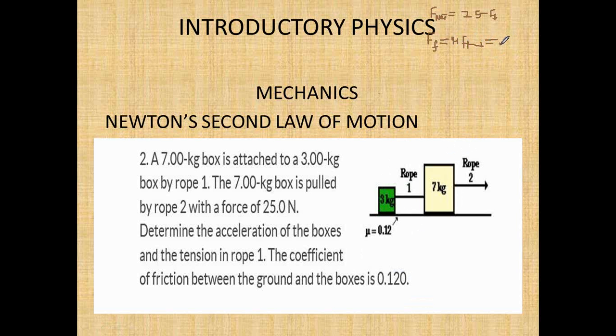So it will be 0.12, because the normal force is the same as the force due to gravity. Force due to gravity is the mass, which is 7 plus 3, 10, and the acceleration due to gravity, let's use 10 for simplicity, but it's 9.8.